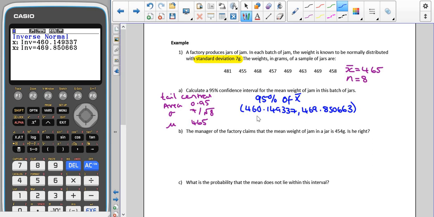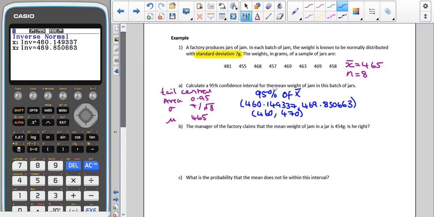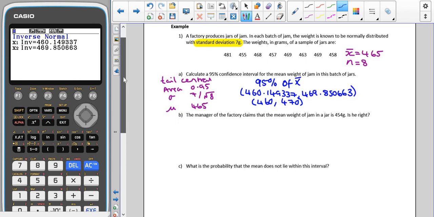And again, once you've written down all those values, you could do some rounding. So you could say between 460 and 470 in this case, rounding to 3 significant figures in the same way as the values were given to us in the question, as long as you definitely have the entire confidence interval there as well.